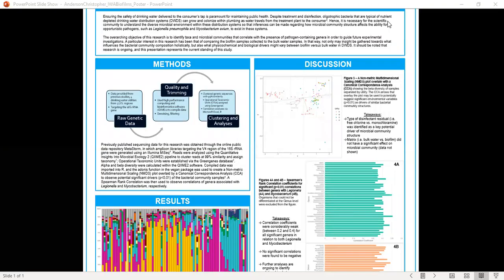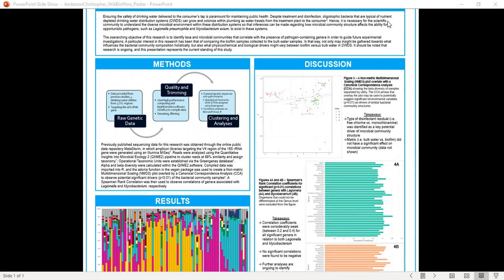It should be noted here that in order to be more stringent and to have a more clear representation, these environmental variables were restricted at a significance level of p less than 0.01. Notably, we can see that the type of disinfectant residual, in other words, what disinfectant is left within the distribution system, could be a notable or a key potential driver of microbial community structure.